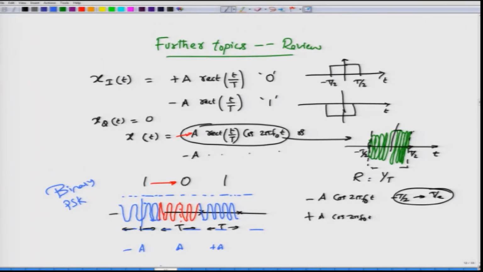So, we have written x of t. Given that I had xi of t, I did not start from x of t and then come back to xi of t. Okay. Suppose you take this as an exercise here. Suppose xi of t can be plus or minus A, okay, and xq of t can also be plus or minus A over the same time duration, say minus T by 2 to plus T by 2.